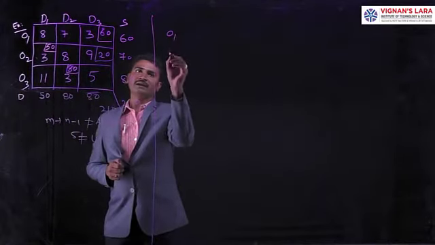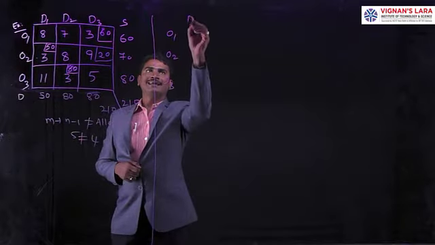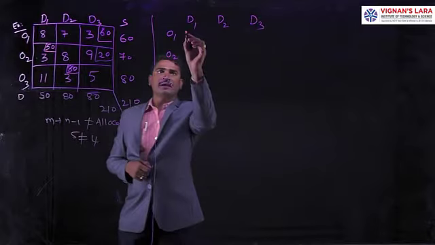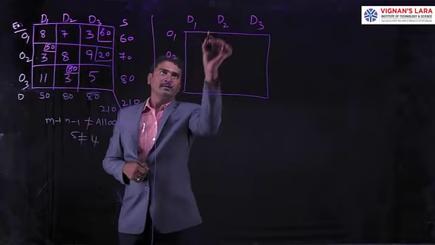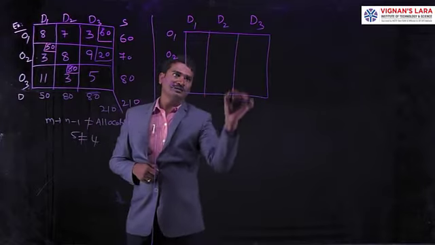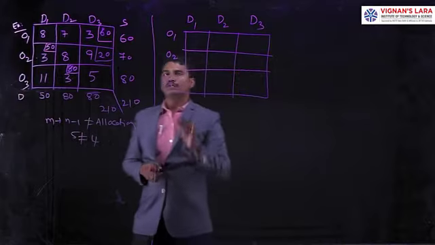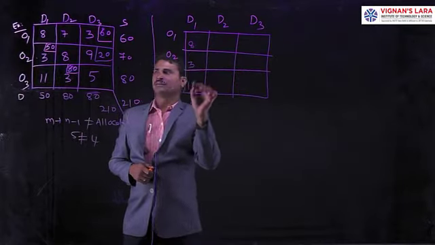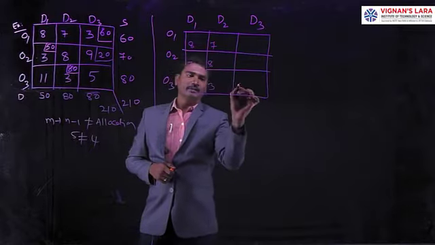Where are we adding the minute value? First we have to take the unallocated cells. In those unallocated cells we have to identify the least cost value. At that least cost we are going to take the dummy allocation. The dummy allocation value is epsilon, that is the minute value we are inserting in that particular cell.